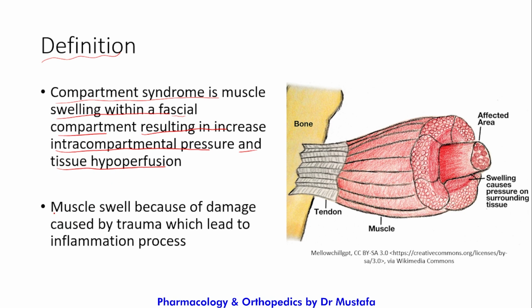Now, why do muscles swell? Well, muscles swell because of the damage caused by trauma, which leads to the inflammation process. So basically, the swelling comes from the fracture and the trauma caused to the muscles.